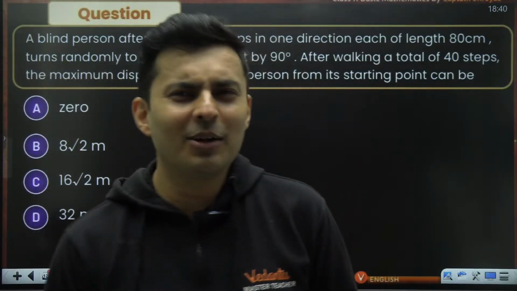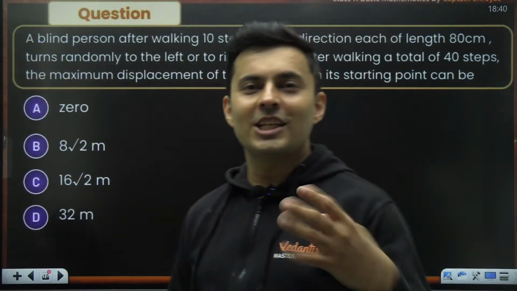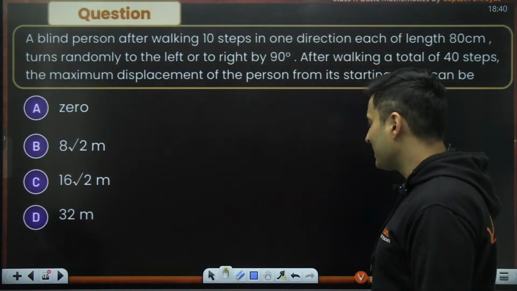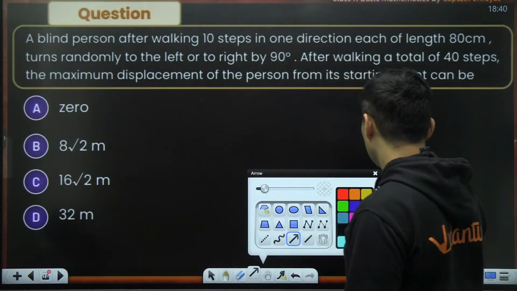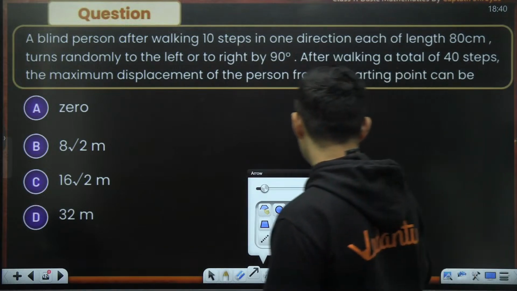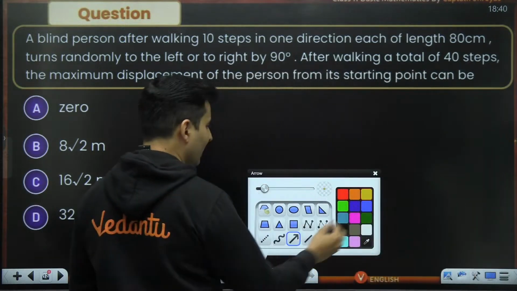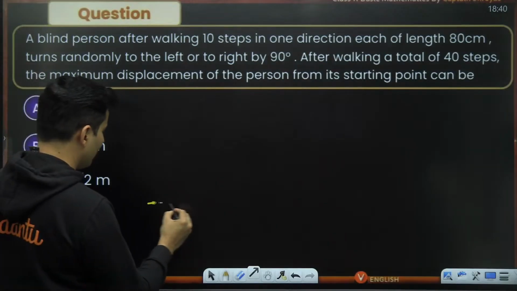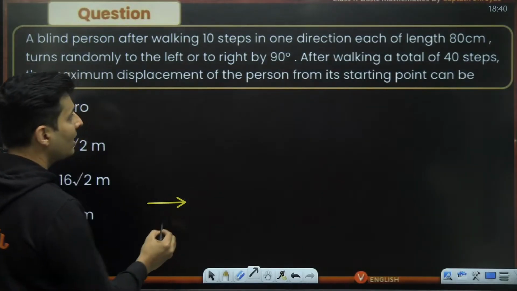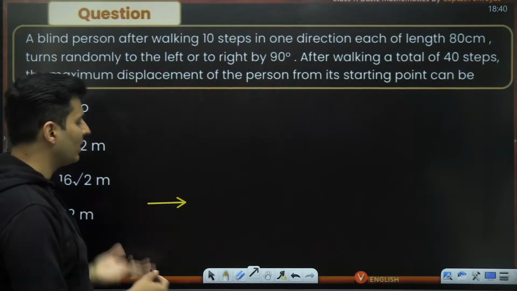This is a very tricky question. Even if you don't know vectors, still you can do it. What's the maximum possibility that he can be far away from the original point, the maximum displacement that the person can have? Imagine the person is walking 10 steps in one direction. Maybe he's walking 10 steps like this. Randomly, he can turn towards the left or the right.